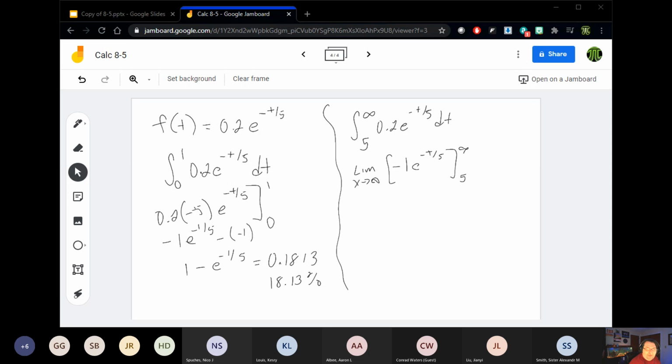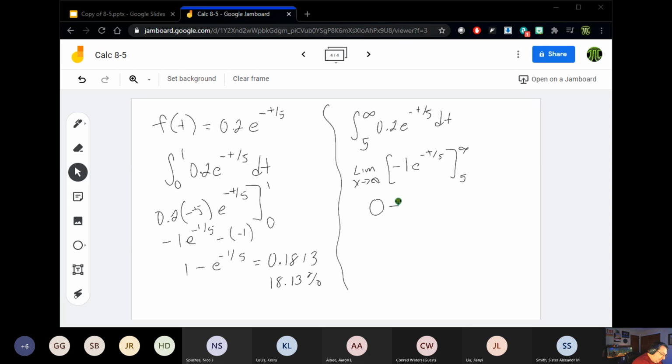Let's plug the infinity in first, because we plug in the bigger one first. If I plug infinity into this, that's going to come out to be 0, because as x goes to infinity, this piece goes to 0. So negative 1 times 0 is 0.